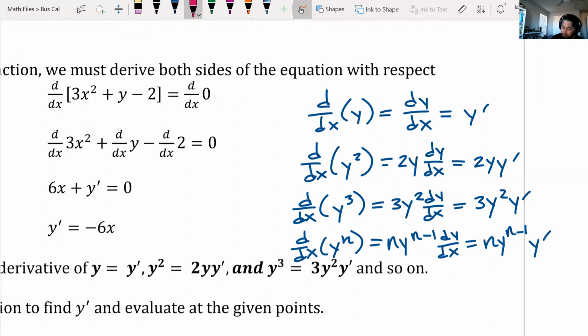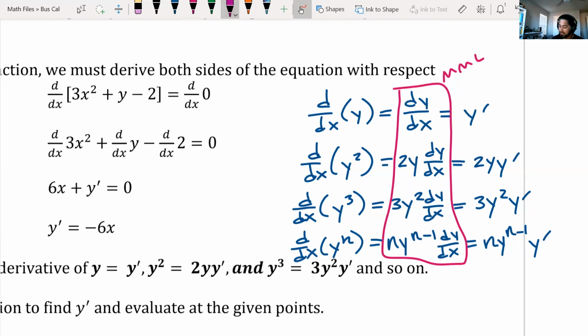All of this is the MML notation. But like I said, to keep the notation simple, this is what we're going to use today. We're just going to be y priming it.